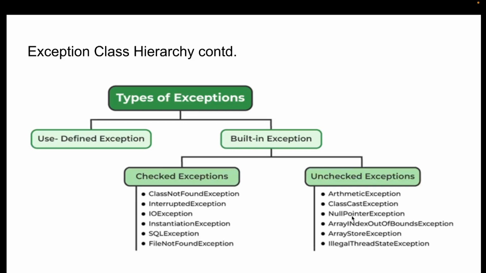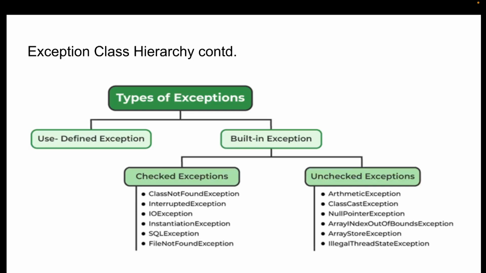Suppose you have a class student. Listen to this example. You have a class student and it has two attributes, id and name. And what you have done is you have assigned the value of null to the student object. Now see, student object is null, so your id and name do not have any value. From that student object, you are trying to get id and name.